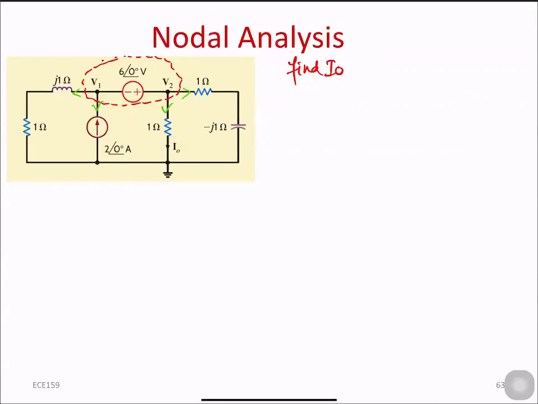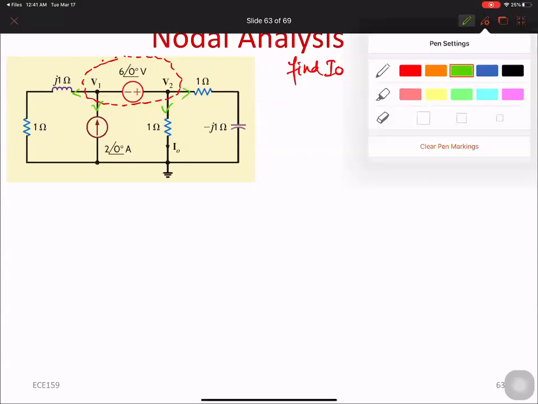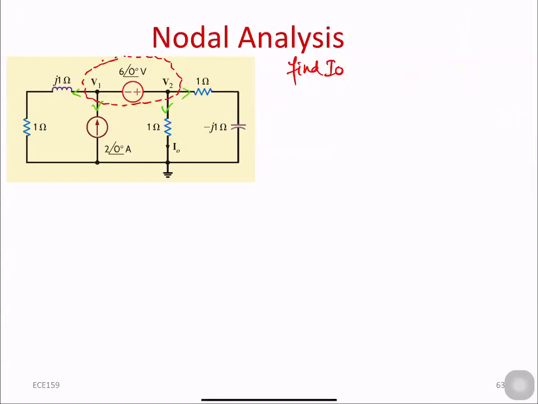Now we will apply Kirchhoff's current law to the supernode, and we will have just one equation, one loop equation, because we have a supernode, which makes, I believe, things easier.